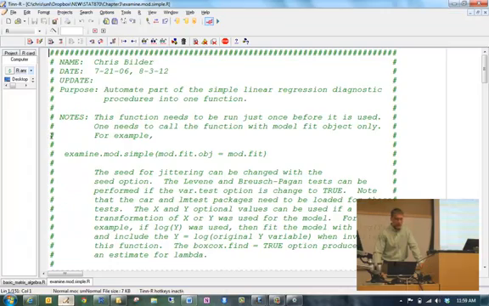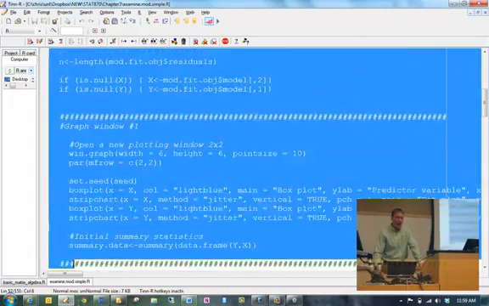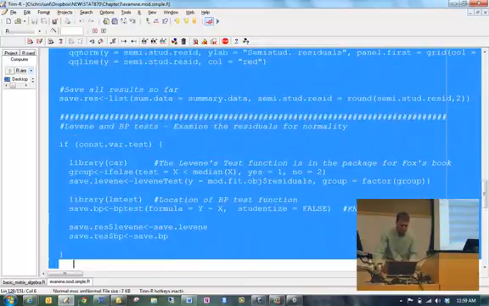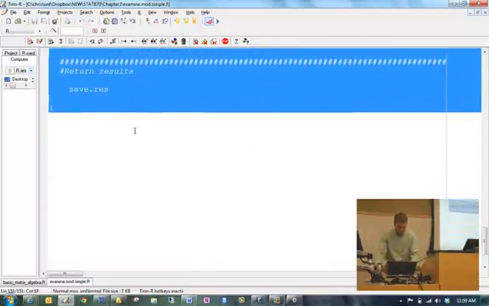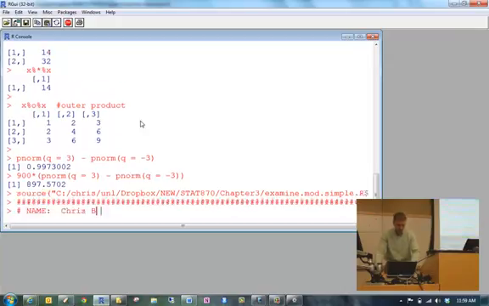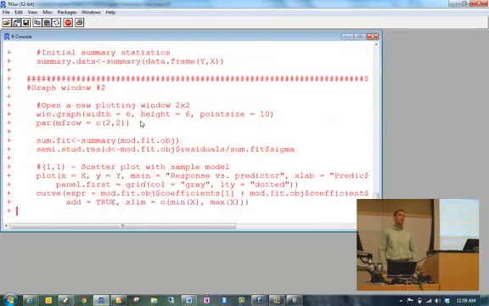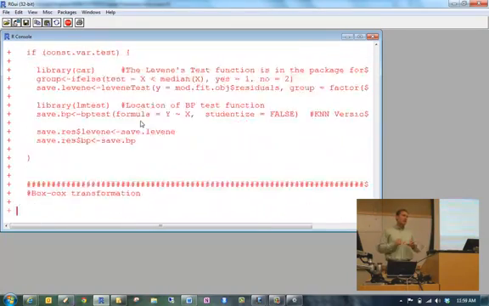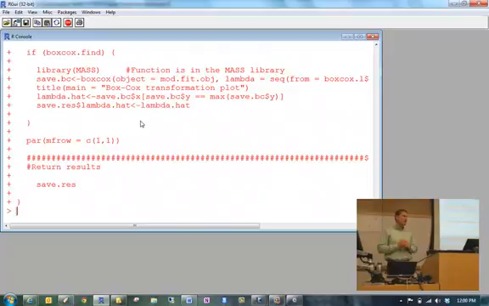Another way that you could do it is just simply copy and paste all the code. Copy, and now I'm going to paste. That's how you get the function in R. Does that answer your question?